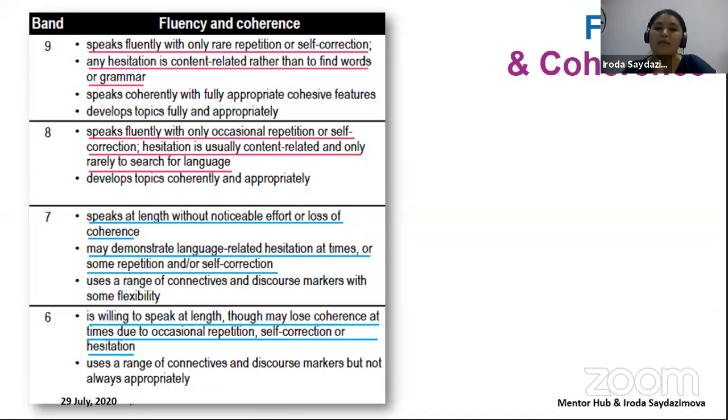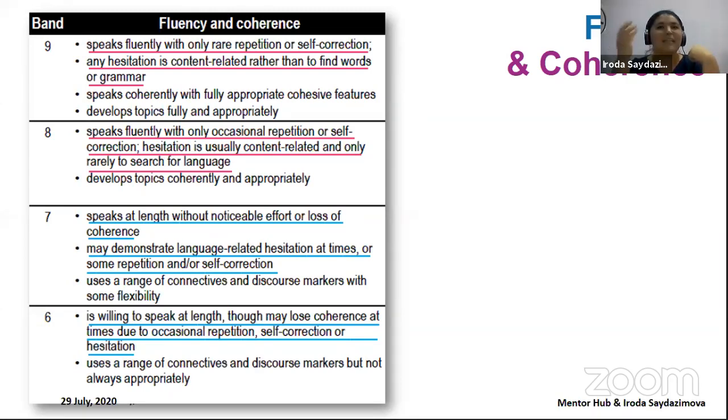Okay. And if you look more scrupulously, there is actually hesitation in both cases. However, hesitation of two different types. Somebody who speaks at band score 8, according to the public rubric, would perform the hesitation which is related to language. So they might have these infrequent short pauses, but it would be obvious that they're trying to find a word to say.